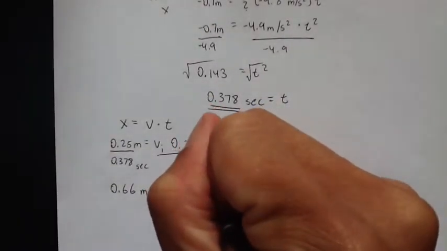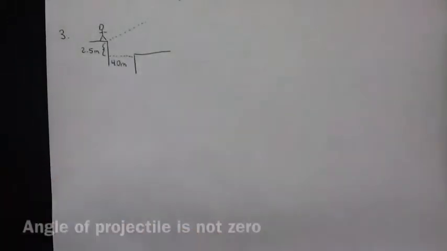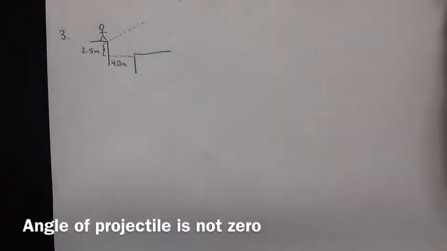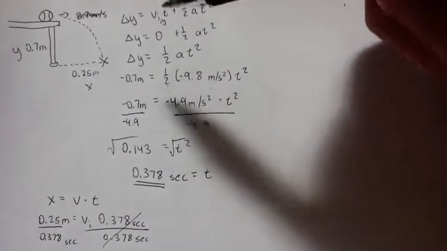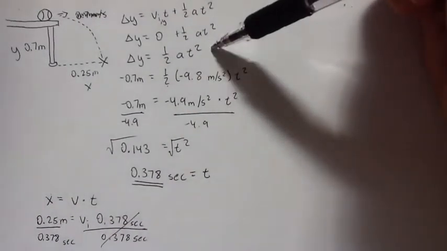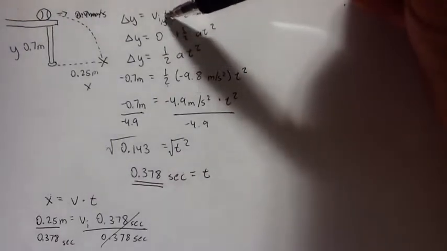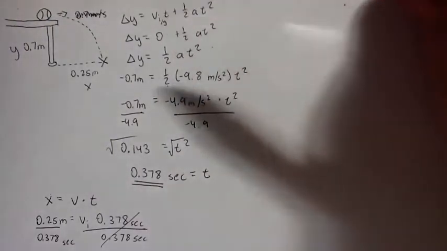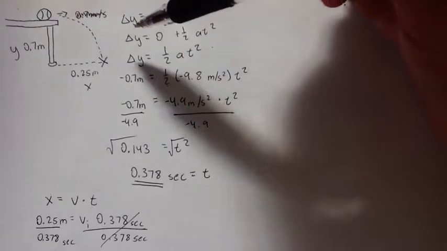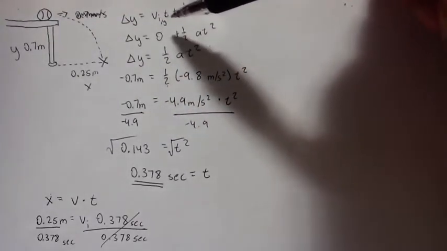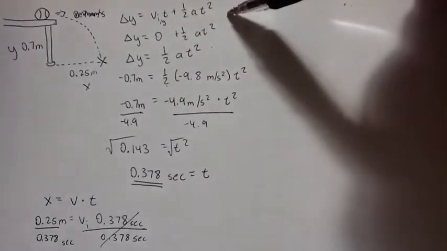Now, a problem like number 3 gets a little more complicated because you no longer have a 0-degree angle. You're actually going somewhere in the y direction. So unlike number 1, you cannot use this particular equation because you actually have an initial velocity here. But we usually choose not to use this equation because you have time and time squared, and in that case you would have to use the quadratic formula.